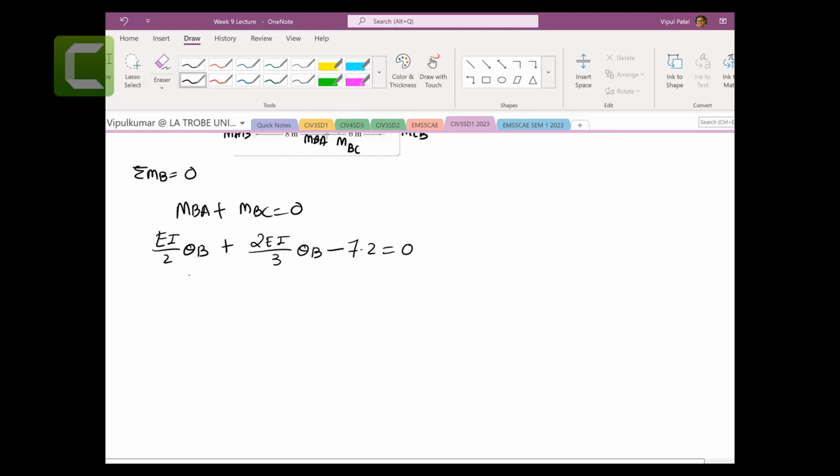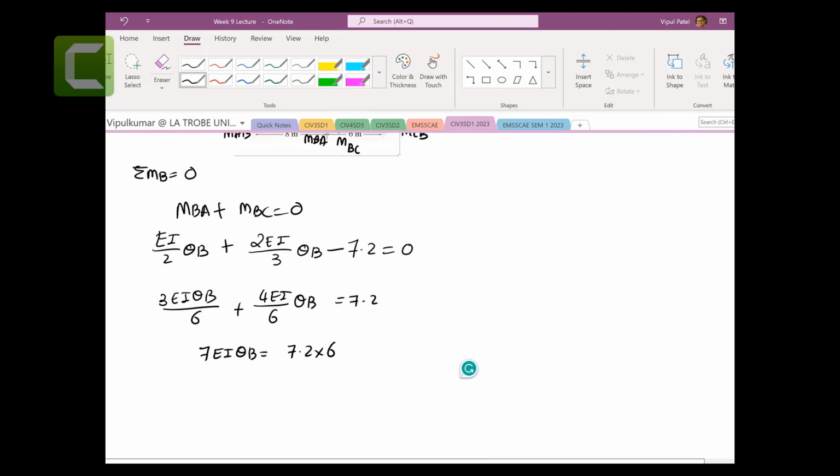So we can do the lowest common denominator: 3 EI theta B on 6 plus 4 EI on 6 theta B equal to 7.2, and that would be 7 EI theta B equal to 7.2 times 6.